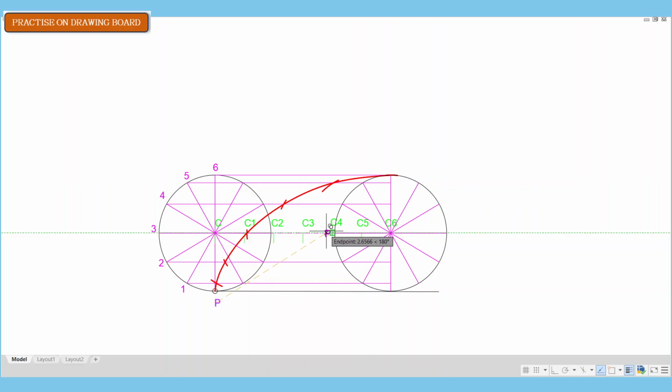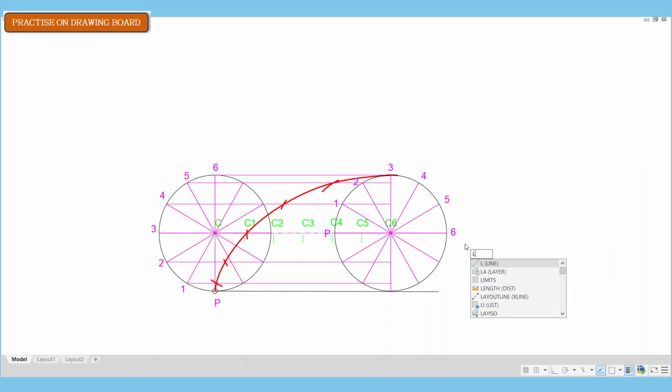So if we have P located here, and we are going in a clockwise direction, then 1 will be located here. We would have 2, okay, so we can now draw in our center line.